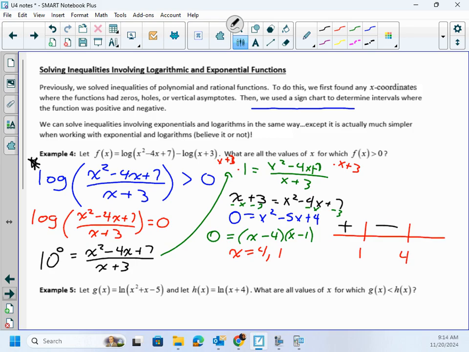So that's what I have to think. Is the number bigger than 1 or smaller? The log of the number, is it bigger or smaller than 1? Smaller than 1 means it's going to be negative. Bigger than 1 is going to be positive.